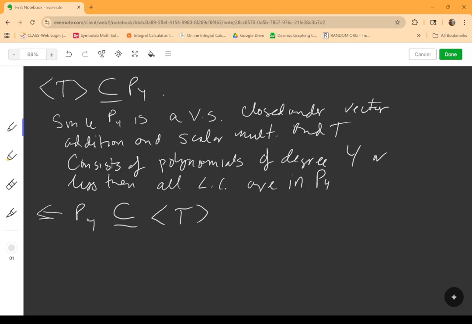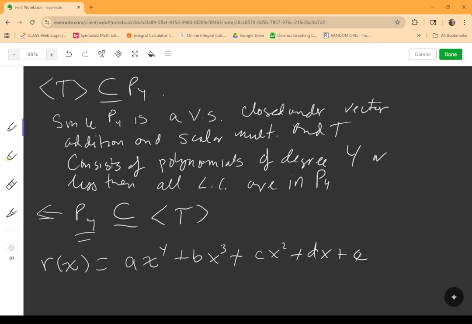Now, what does a polynomial in P4 look like? It's some polynomial of degree 4 or less, with these coefficients A, B, C, D, and E, which can be any real numbers, any combination of them.